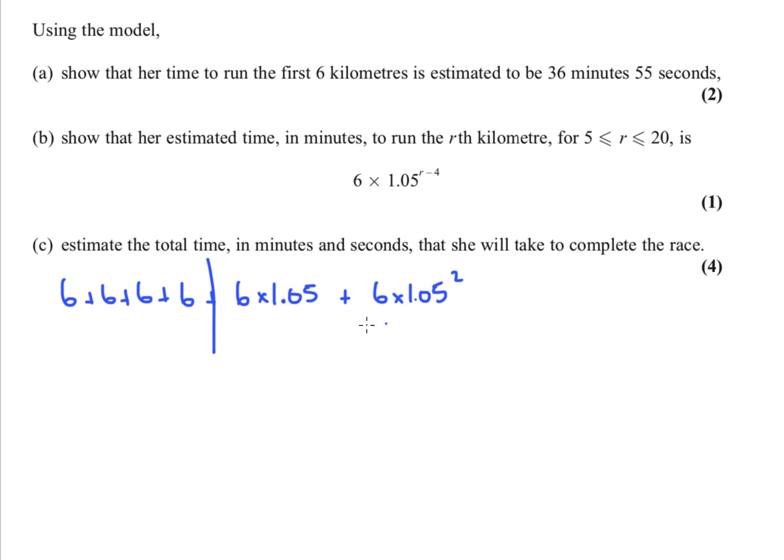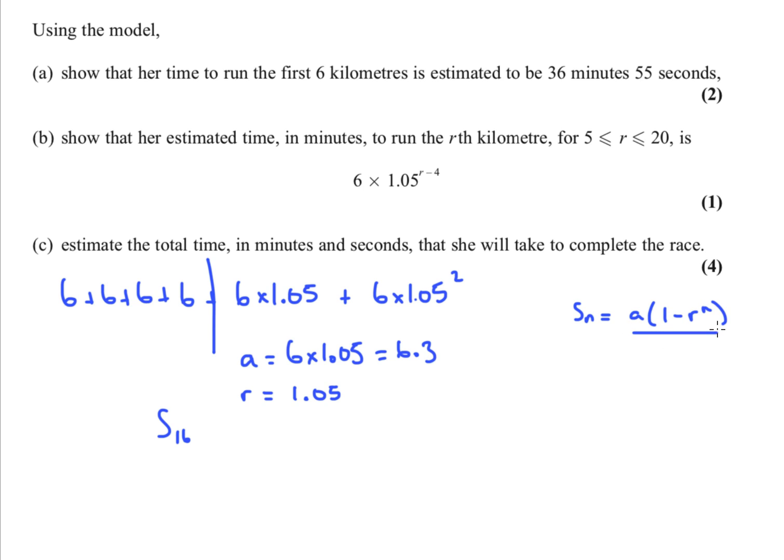So if we treat this as a new sequence, with the first term being 6 times 1.05, or 6.3, remember we worked that out, and the common ratio being 1.05, that's what we're multiplying by, and then just working out S16. And we've got the formula for the sum of a geometric sequence in our formula booklets. It's a times 1 minus r to the power of n over 1 minus r.